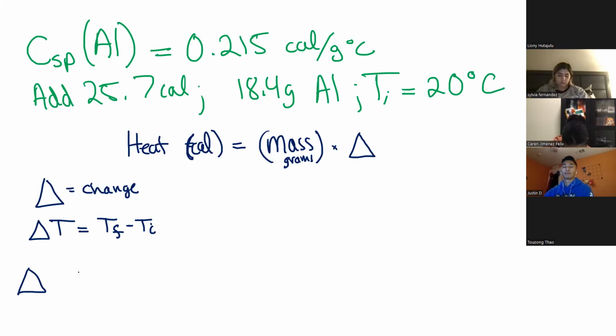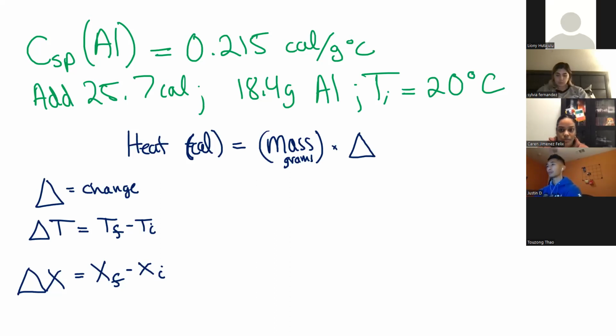Whatever the delta is in front of, delta X, for example, would be X final minus X initial. Okay, does that help? I hope. Does that make any sense? The delta represents a change, and it's actually looking at the difference between the final condition and the initial condition. Okay.